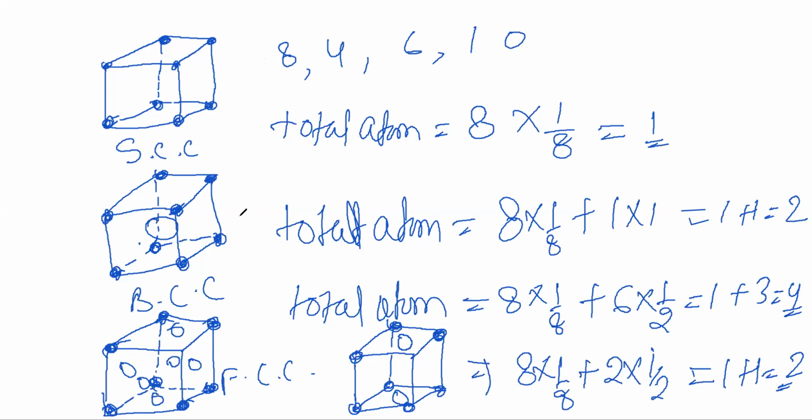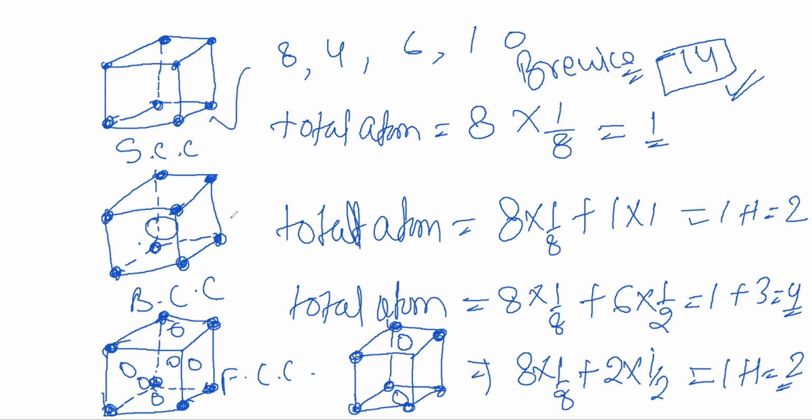According to these arrangements, as we all know, there are 6 or 7 crystal systems. In each crystal system, the unit cell will be different. According to Bravais, total lattices are 14. That means 3 unit cells are in the cubic system, that is simple cubic, body centered and face centered, and end centered is not found here.